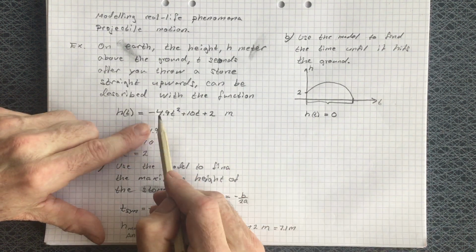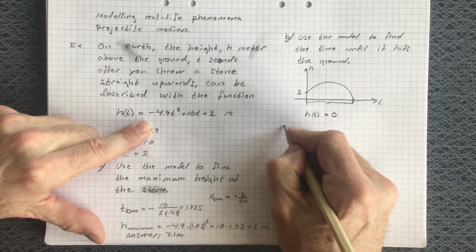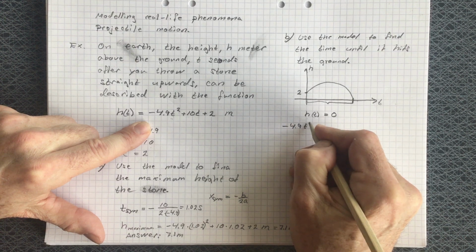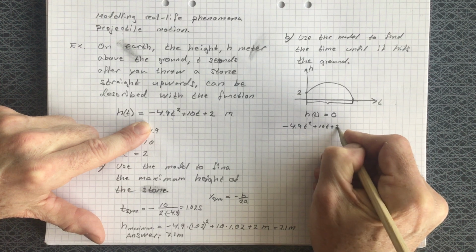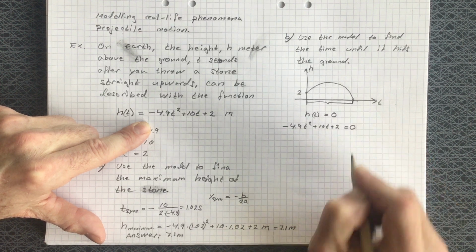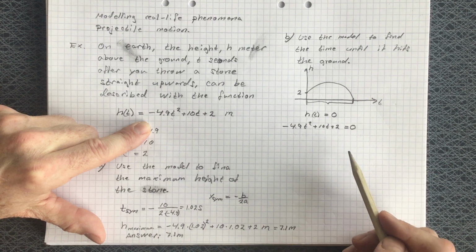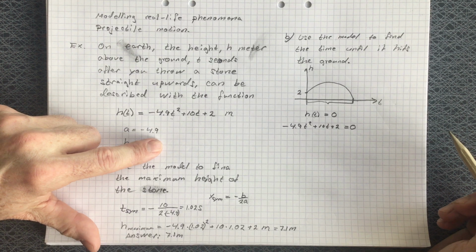Well, the height is described with this equation. So instead of the height, I write negative 4.9 t squared plus 10t plus 2 equals 0. The height is the same as this. It should be 0. So we have a second degree equation to solve.